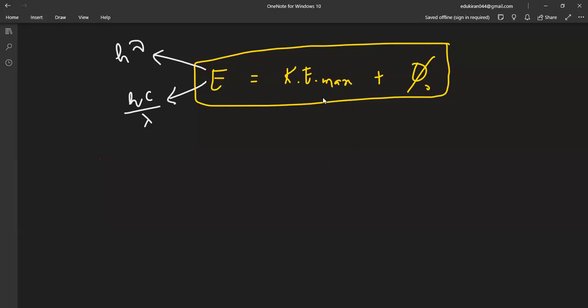Now coming to kinetic energy. One formula of kinetic energy is half mv square. Here also v will be v max. Half mv square, right? This you know. One more formula of kinetic energy is charge multiplied by the stopping potential.